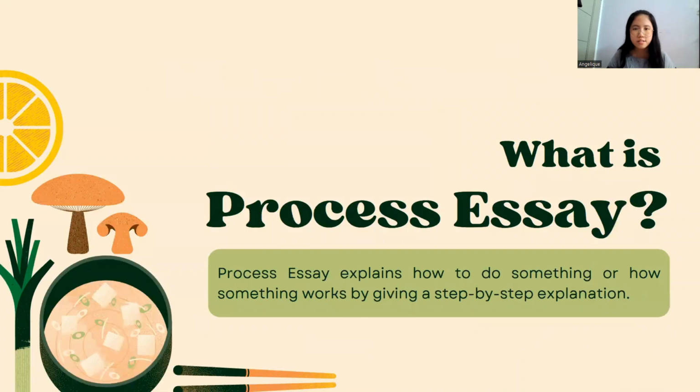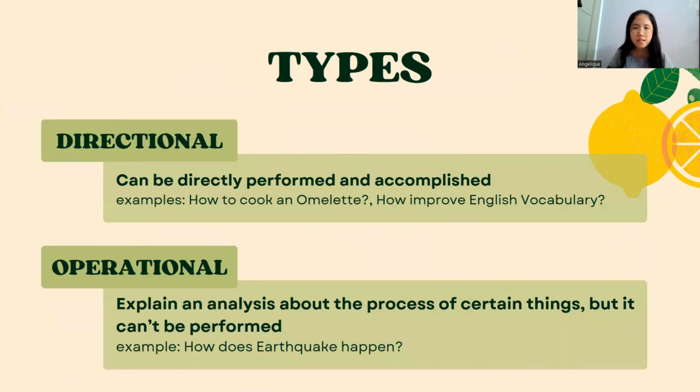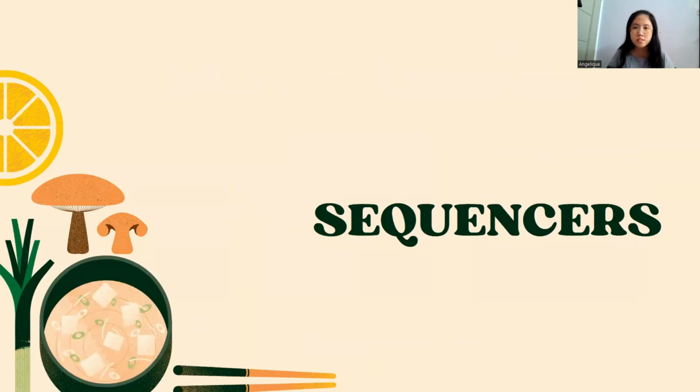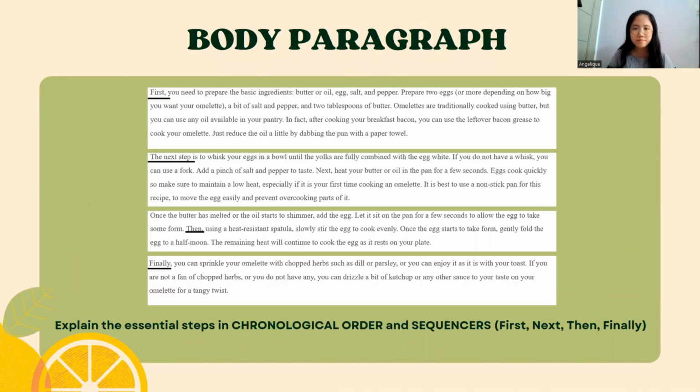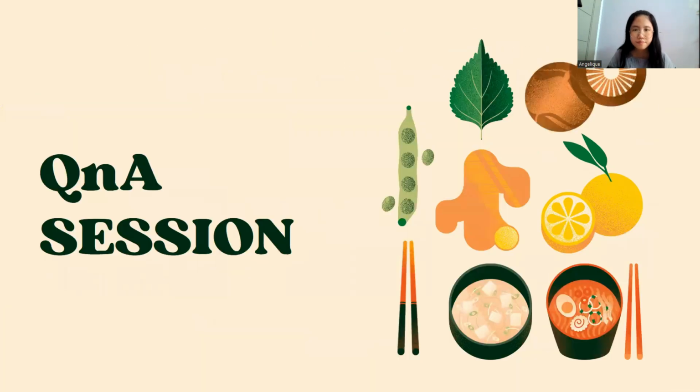Then the study session, which includes what a process essay is, their types, sequencers, and the structure. After explaining, I also open Q&A sessions to make sure they understand the previous material.